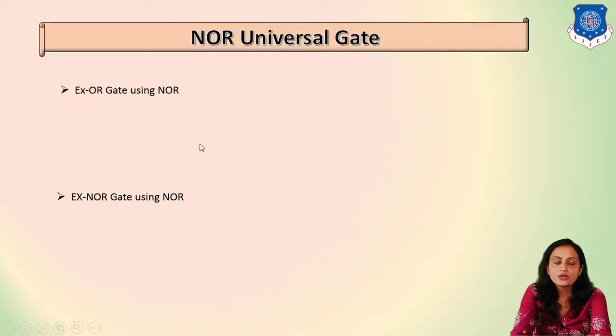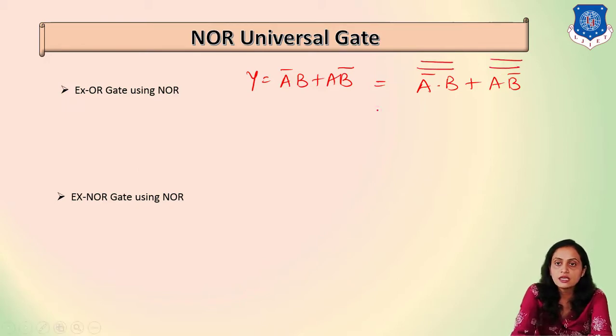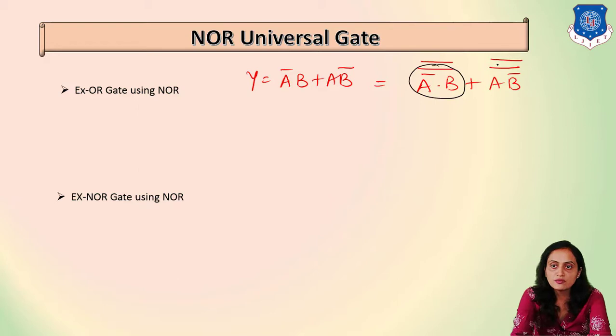Now we will design the XOR gate using the NOR gate. For that we will write the equation for the XOR gate, A bar B plus A B bar. Again for the NOR gate we want plus and bar sign. So I will just put A bar dot B plus A B bar. I will put the bar sign over here 2 times like this, and I will apply De Morgan's theorem for this much part and again for this much part.